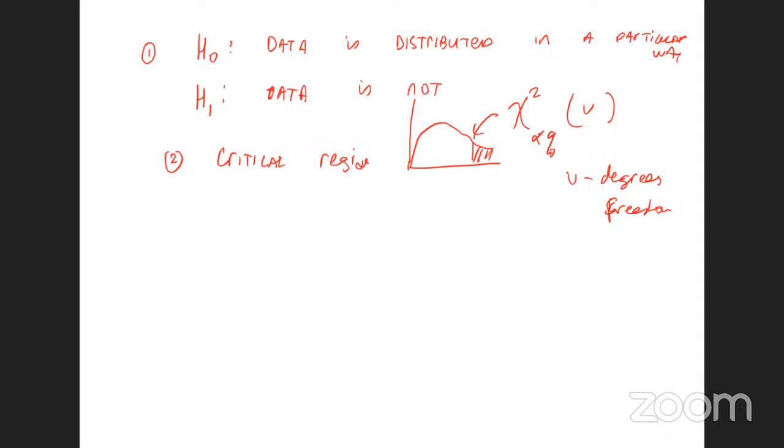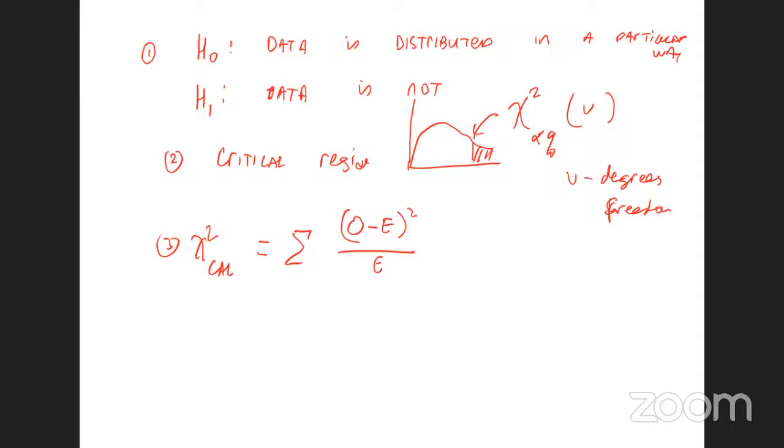So once we have the rejection region now, we need to get the chi-squared calculated value. To get the chi-squared calculated value, we're going to sum up the observed minus the expected, square that, and divide by the expected value.